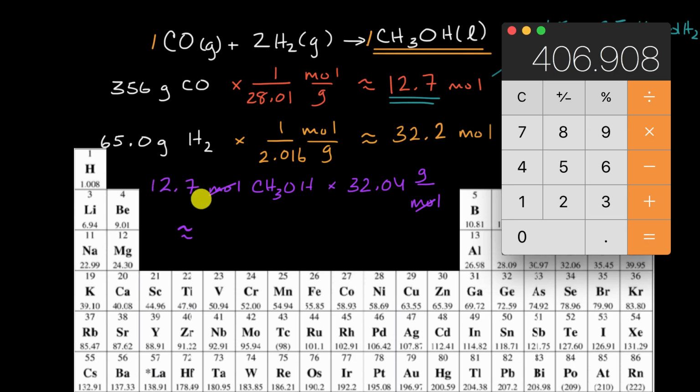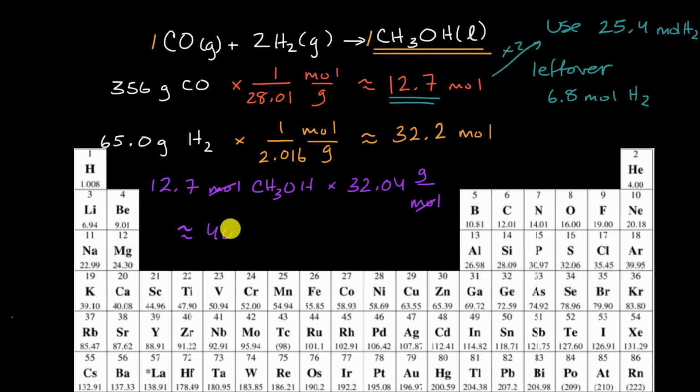And let's see, we have three significant figures, 4, so I'll round to 3. So approximately 407 grams of methanol, 407 grams of CH3OH. Now the next question is, what's the mass of hydrogen that we have left over?